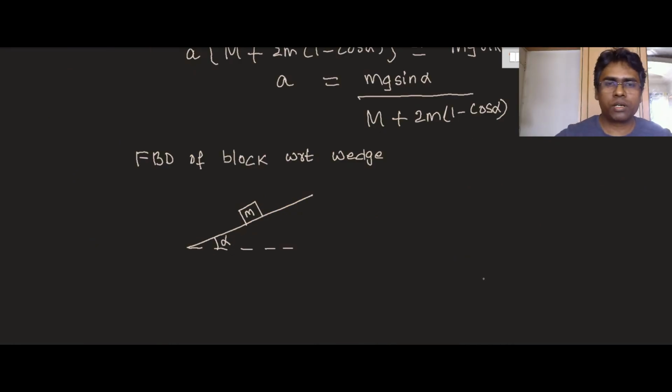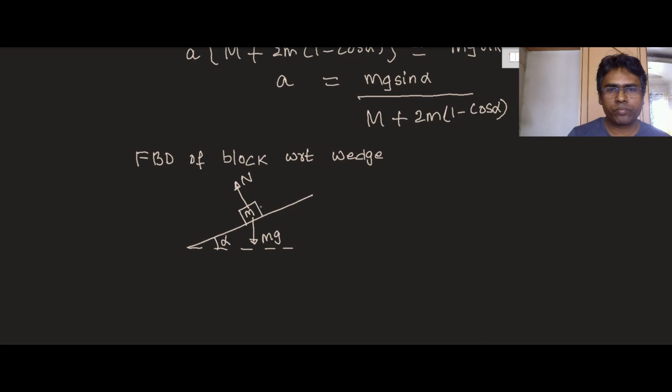Here I'm trying to look at the free body diagram of the block from the wedge frame. Let us look at the usual forces first. We have mg acting down vertically, and the normal force applied by the wedge, and the tension up the incline.